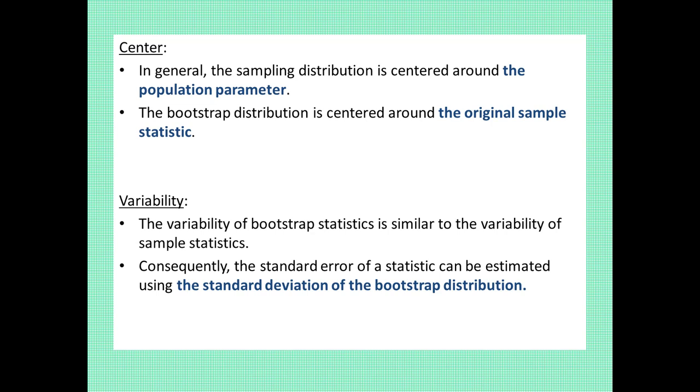And this is the biggest point in this section right there. It's that last point on this slide that the standard error of a statistic can be estimated using the standard deviation of the bootstrap distribution. This is how we fix that problem that's in the first slide in this section. We can use the standard deviation of the bootstrap distribution as an estimate, and then, since we have an estimate for the standard error, we'll be able to compute a confidence interval.